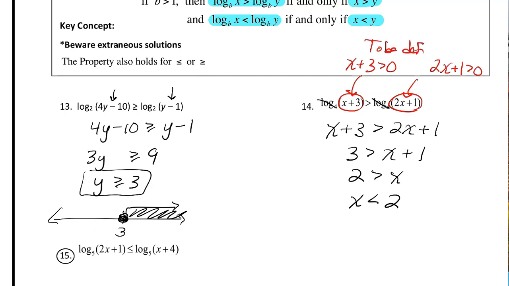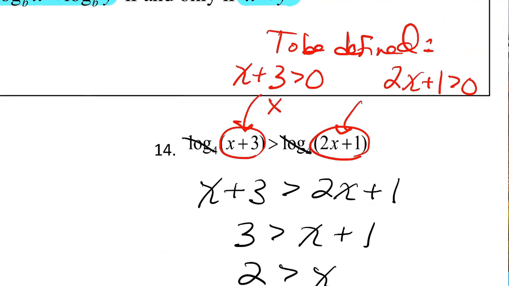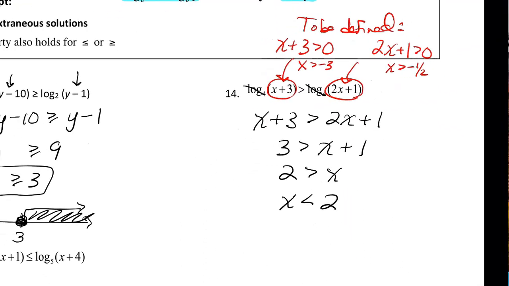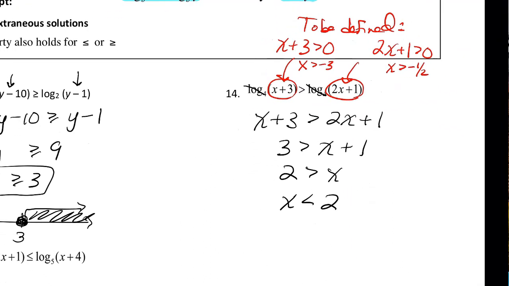Both of these have to be true. So that tells us that x has to be greater than negative 3, and x has to be greater than negative 1/2.